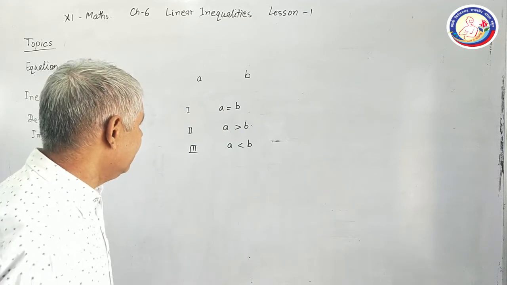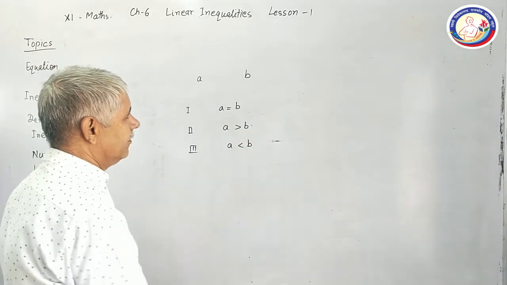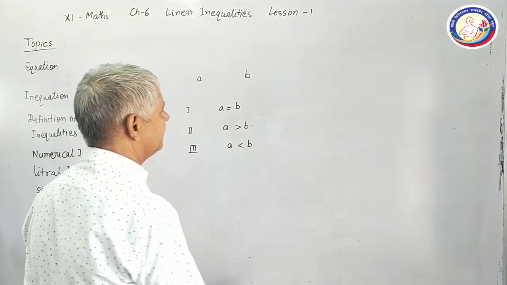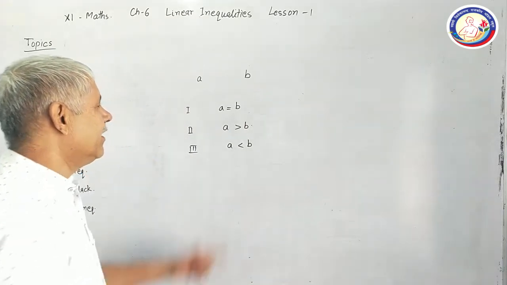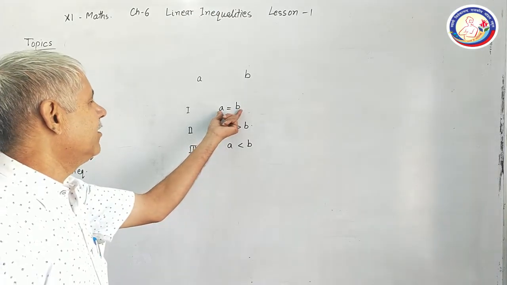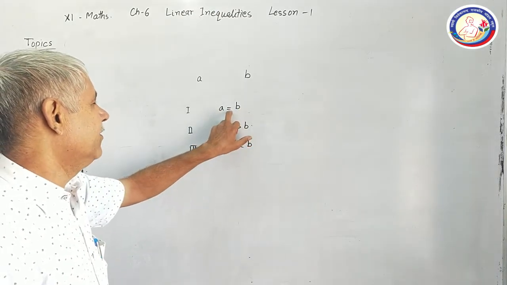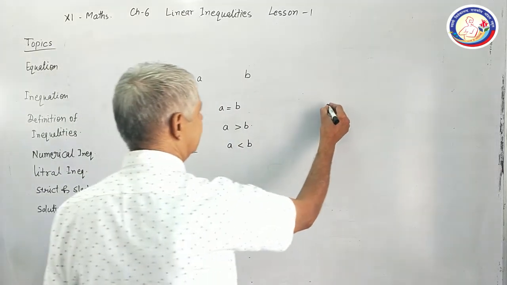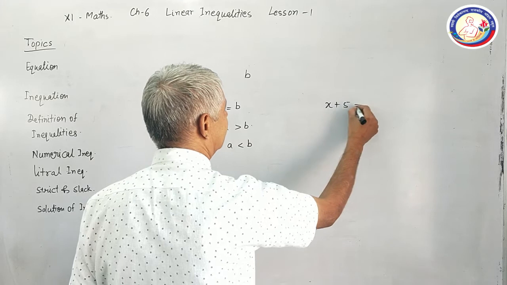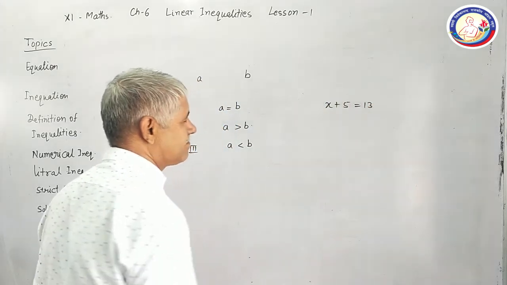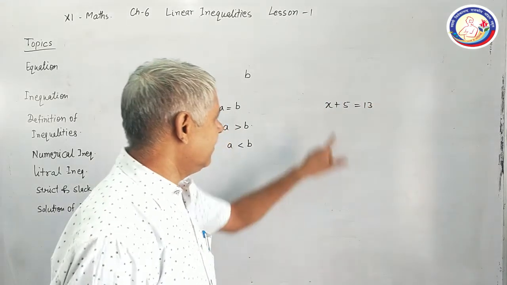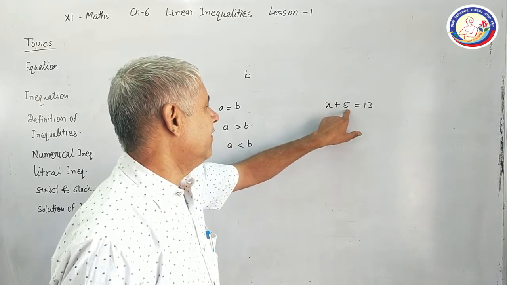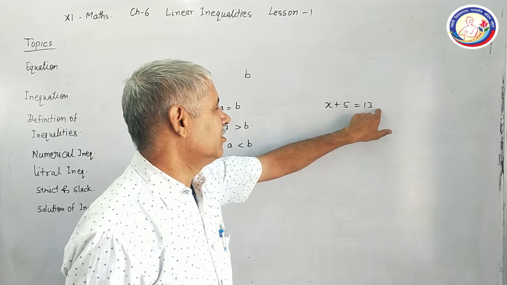So, if two numbers or two expressions, algebraic expressions or any expressions, are related with equality or sign of equal, then that is called equation. Just say x plus 5 equal to 13. This is a statement. A number on addition to 5 results 13.